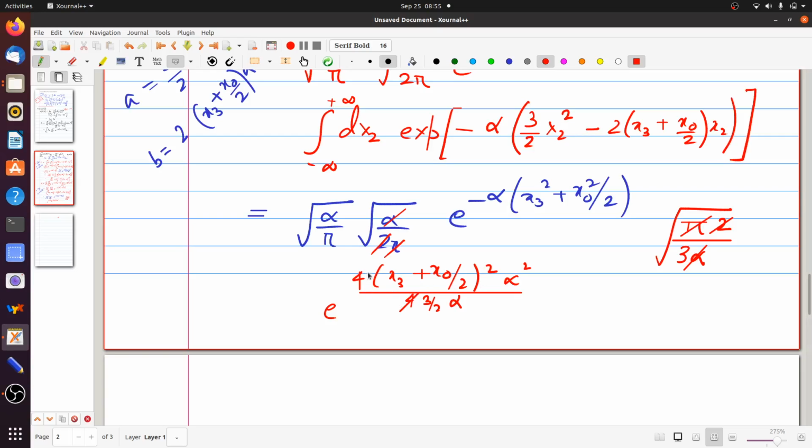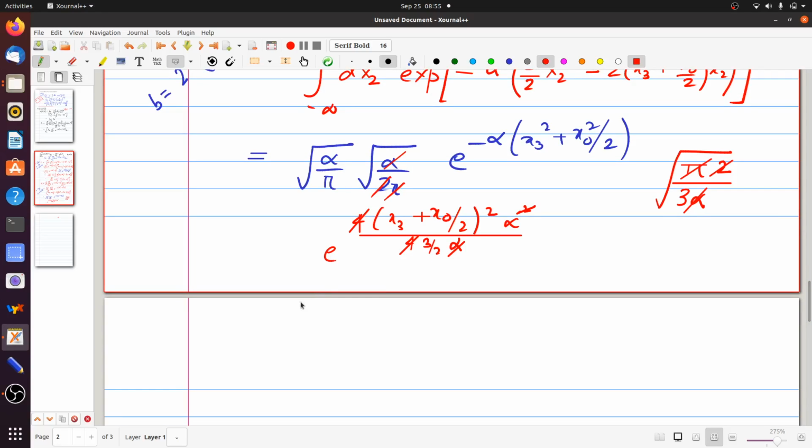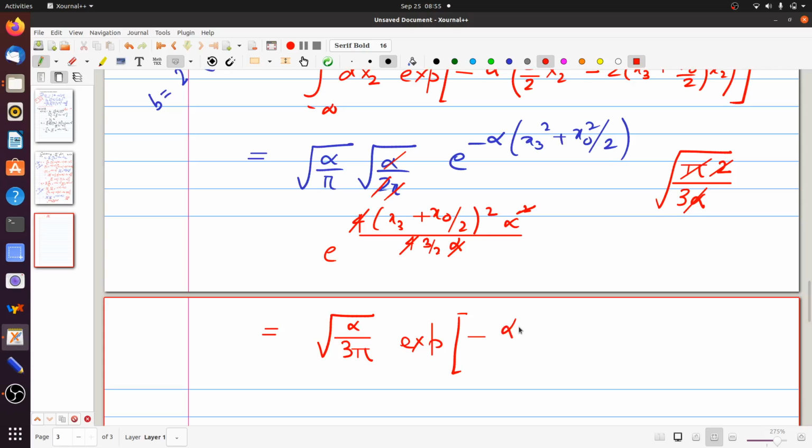So this 4 and this 4 of course cancel out, this alpha takes away one of these alphas, and you are left with some terms which you have to now gather together. So root over alpha by 3 pi, exponential. Now let's do the gathering carefully.